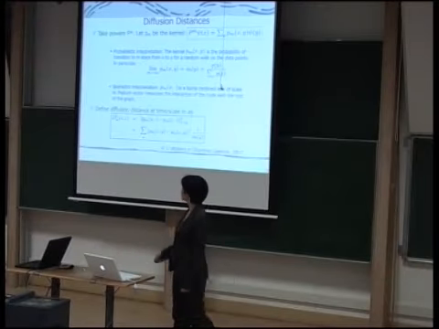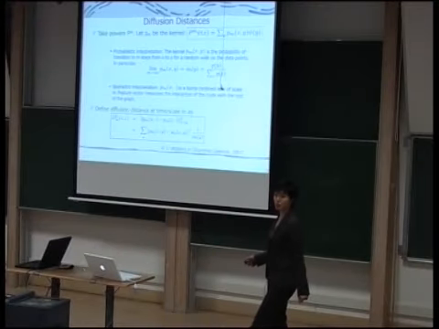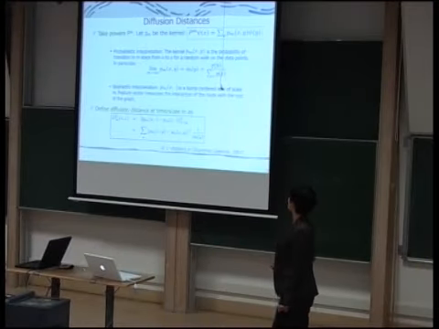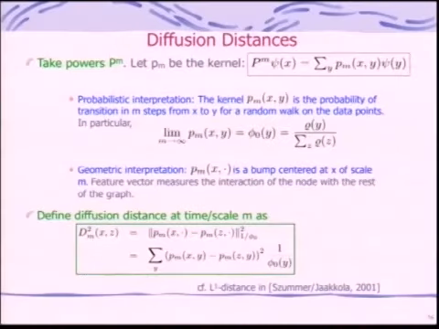Interesting things happen when we take powers of the transition matrix. You can think of the m-th power of the kernel as the probability of transition from x to y for an m-step random walk. This is interesting if you look at the conditional probability P^m(x,·) of starting at the point x.